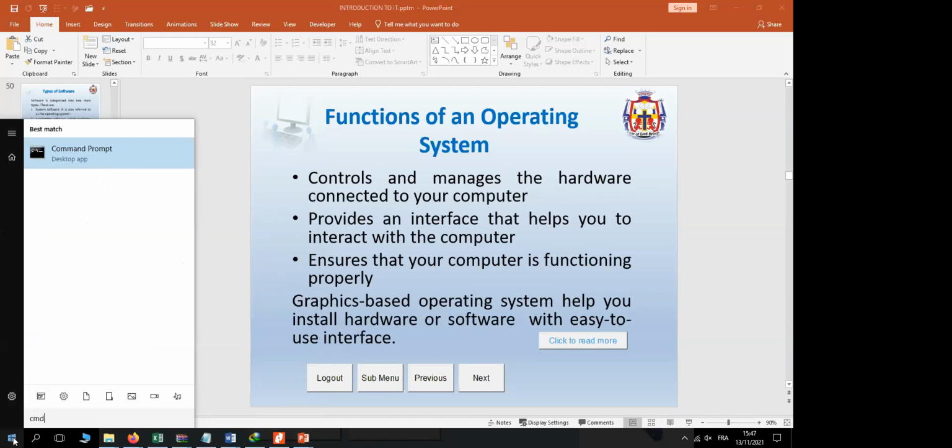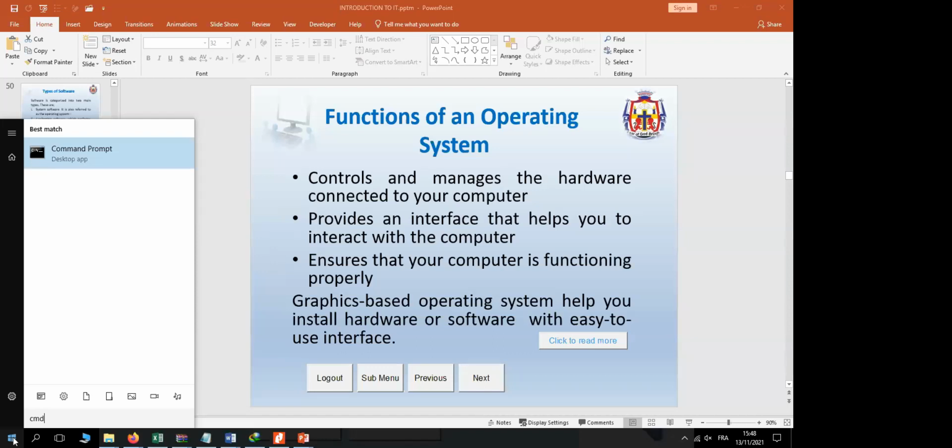Of course, it's so hard, because you have to first know all the commands. You must have the command of the task that you want to execute, which is so hard for us to know. Whereas with graphical user interface, you just look at something, point at it, and you'll be seeing miracles happening on the computer, okay? Whereas with the other one, you will not see miracles happening. Everything you must know by yourself to be able to execute it.